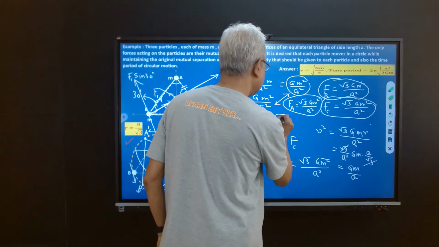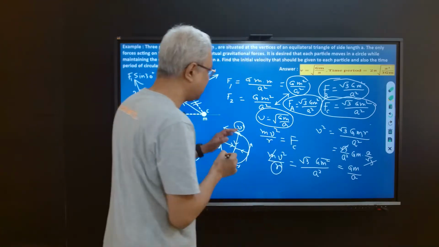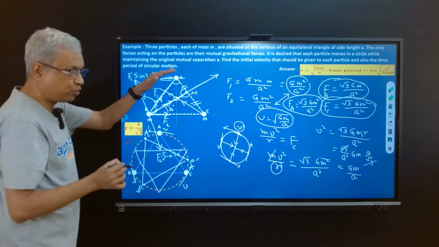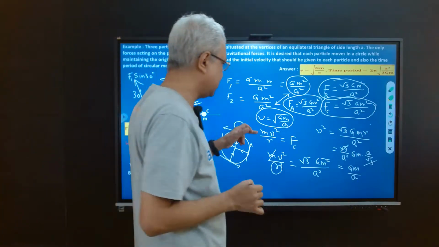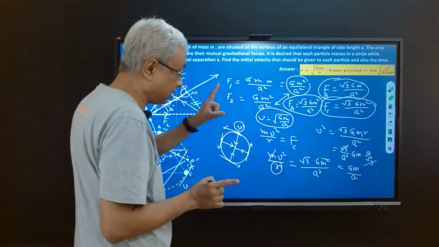So v becomes root over Gm by a. If you give this much initial velocity, it should be tangential to the circumcircle. That is essential.